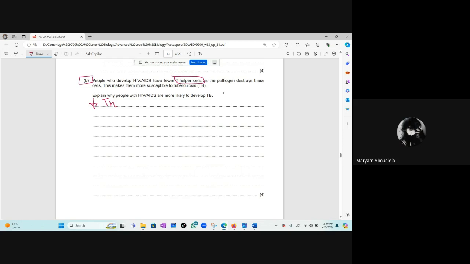other types of T lymphocytes, such as the T cytotoxic and other B lymphocytes and macrophages, are stimulated. Yes. So the immune system will be less stimulated. Very good, immune system. What else?